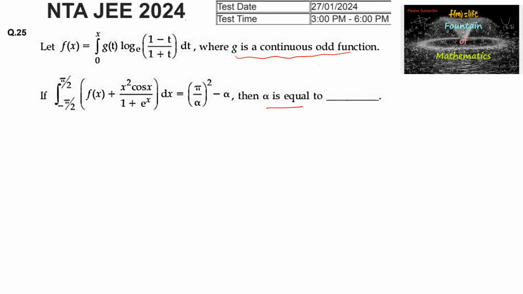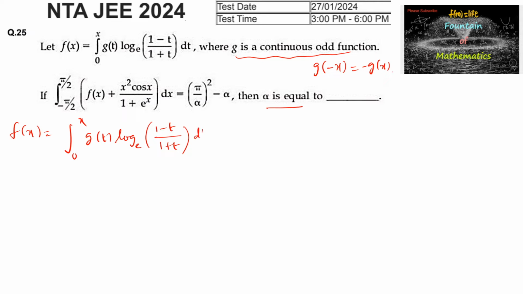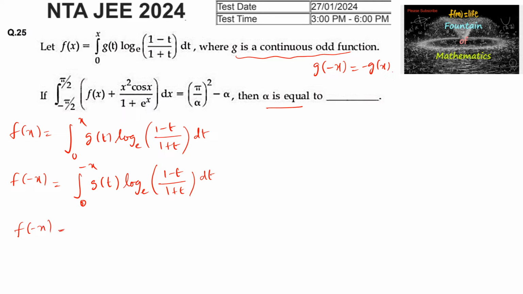Since g is an odd function, we can write g of negative x is equal to minus g of x. Let us consider f(x) is equal to the integral 0 to x of g(t) log to the base e (1 minus t) upon (1 plus t) dt, and f of negative x is equal to the integral 0 to negative x of g(t) log to the base e (1 minus t) upon (1 plus t) dt.